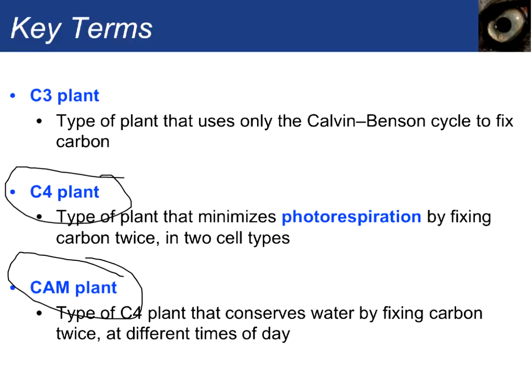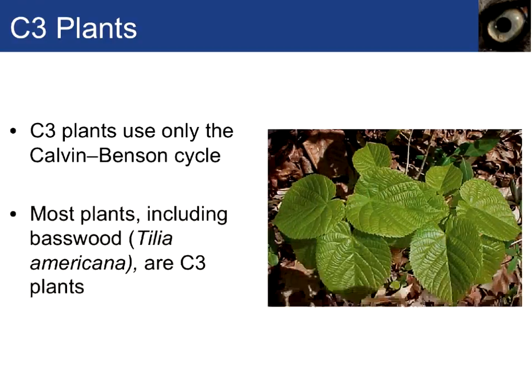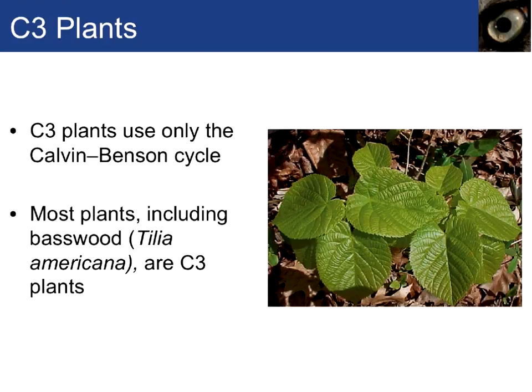That's what a CAM plant does. Whereas a C4 plant, and you'll see in the next slide, just separates the whole process in space. Actually, we'll come back to that. You'll see in the next slide how this works.